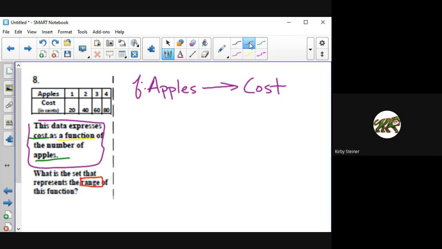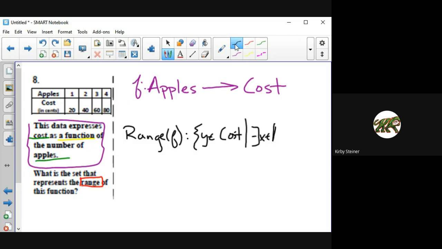All right, so let's write down our definition for range. So range of f. It's going to look a little different because we've defined our function using apples and cost, but it'll help things make sense here. So range of f is going to be y in cost such that there exists an x in apples such that f of x equals y.